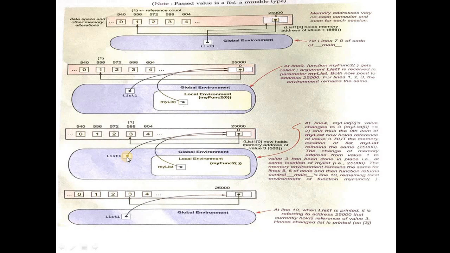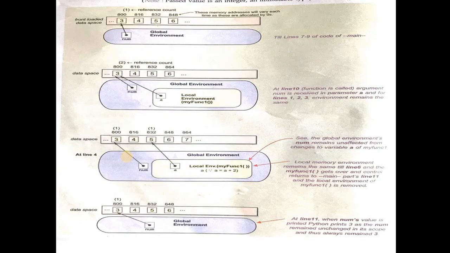But in the previous case, you can see that when you make changes in A, the memory itself is changed. So whatever changes you make in A will be reflected in A only. It will not be reflected in num.